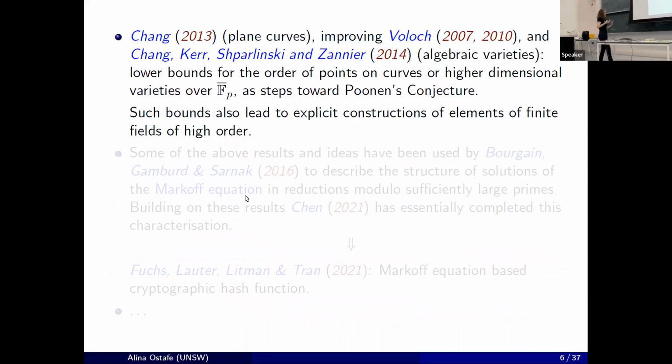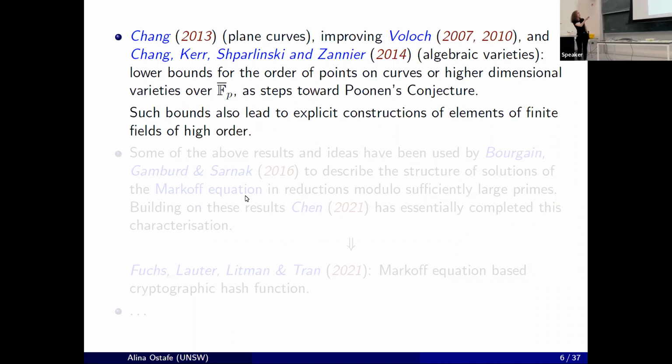The results of unlikely intersection of curves with torsion points, which is the Lang problem, has also been used to give lower bounds for the order of points on curves or higher dimensional varieties in reduction modulo primes as steps towards Kuhn's conjecture regarding order of points on algebraic varieties.